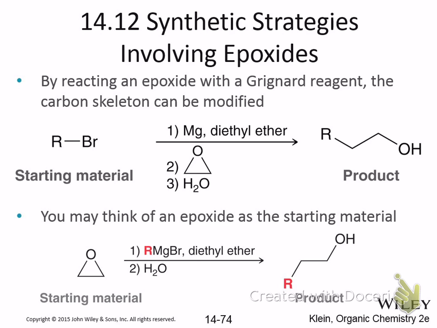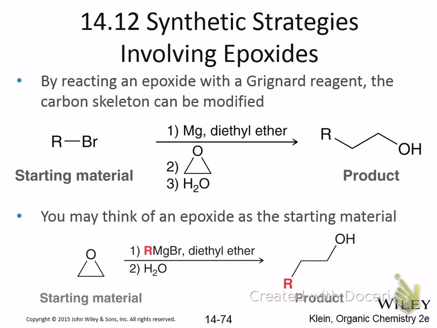So one of the things that they talk about in the synthesis strategy, just to summarize some of this. If you use epoxides in synthesis problems, one of the nice things about it is it always introduces a 2-carbon link here. So a good way to add 2 carbons is by adding epoxides with a nucleophile.